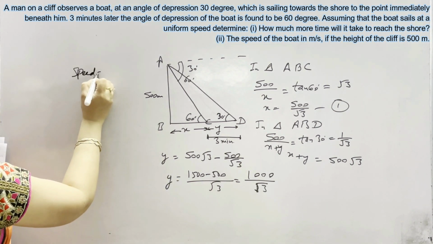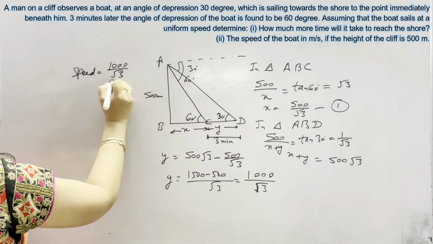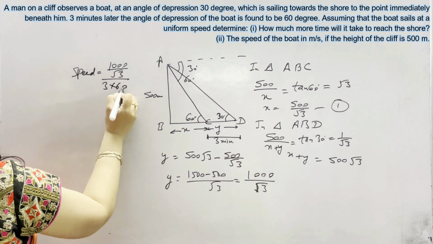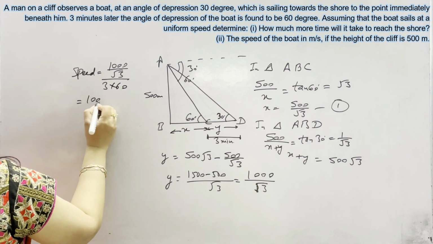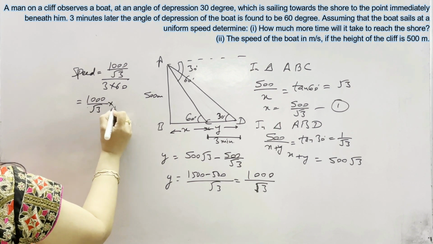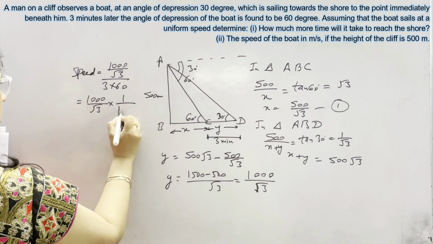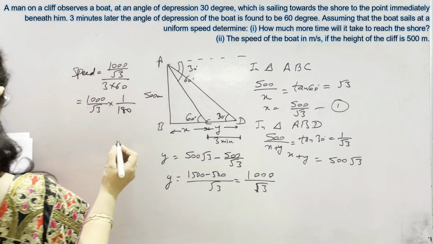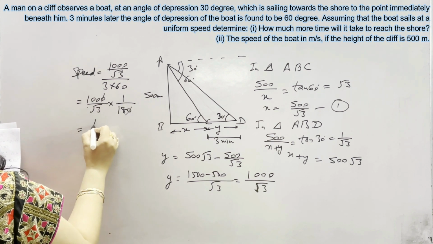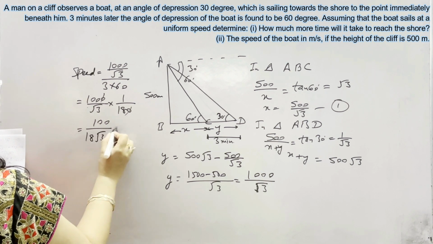Speed is equal to distance upon time. Distance is 1000 upon under root 3 and time it is given as 3 minutes. So 3 into 60. So 1000 upon under root 3 into 180. So after cancelling these zeros, value comes out to be 100 upon 18 under root 3.